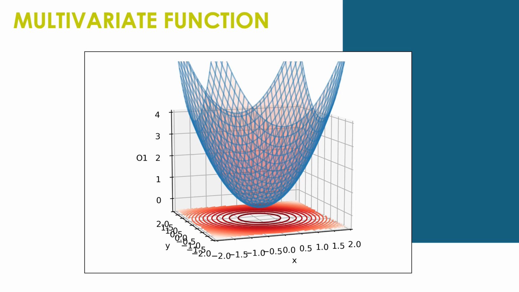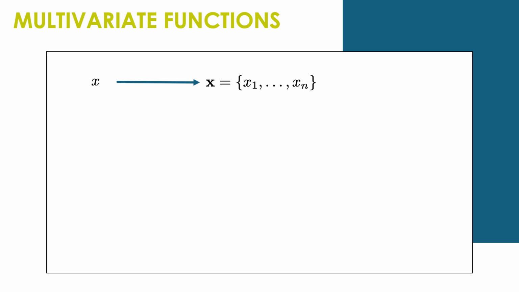So now we have to move from a univariate function of only one degree of freedom x to a multivariate function, where we have more than one degree of freedom. Usually our engineering problems have more than one degree of freedom, so we must use x, y, or z, or more frequently we call them x1, x2, x3, and xn. Now x is a vector of degrees of freedom, x1, x2, up to xn.